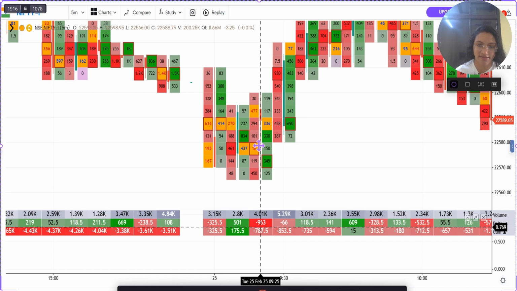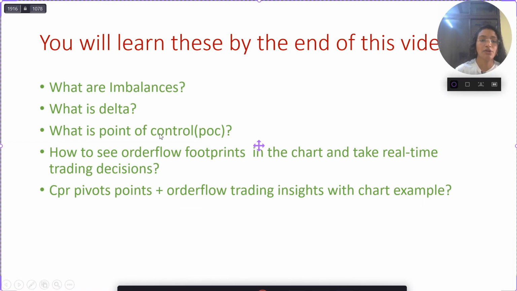I would like to explain what these boxes are, what these yellow boxes are. All of this will be explained in this video, so you will learn these by the end of this video.